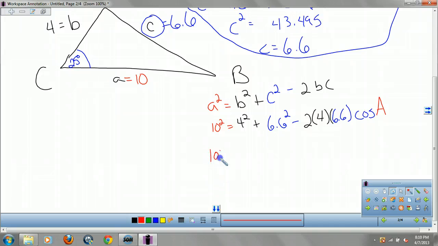Okay, so I get 100 equals 16 plus, I should know, 43.495. It's right here.